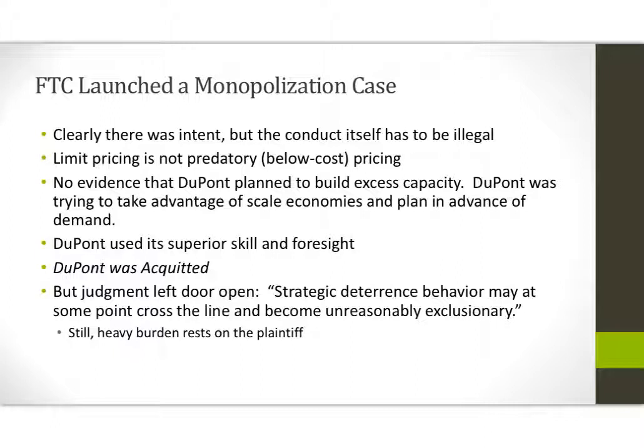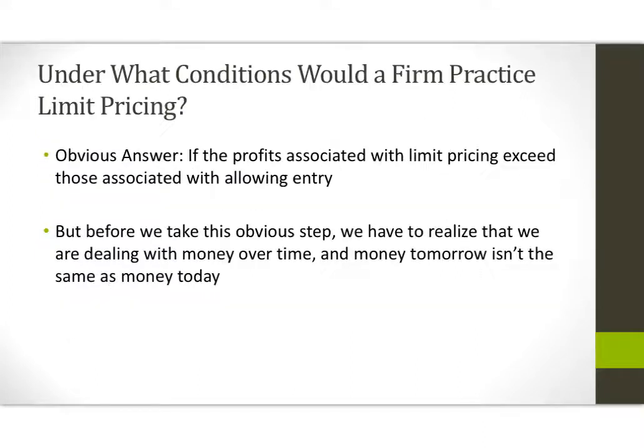And so the ruling here said, look, limit pricing, trying to make a market look less desirable, doesn't cross that threshold into being anti-competitive and violating the law, but there is some point at which it would cross the line. Not limit pricing, but some point at which this type of behavior would cross the line. And we'll see more of that in the next video when we talk about predatory pricing, because that's been deemed to cross that line.